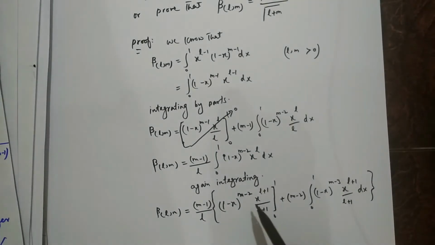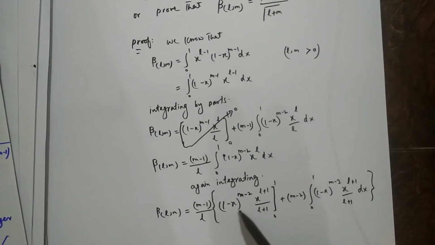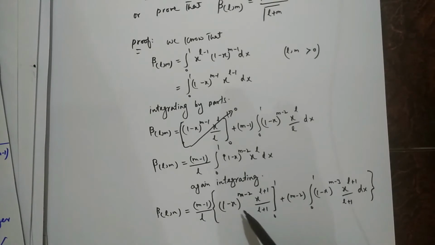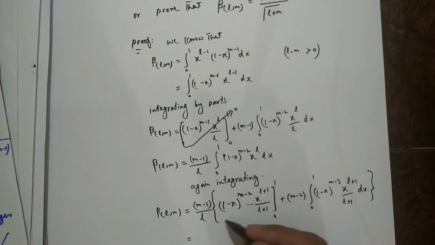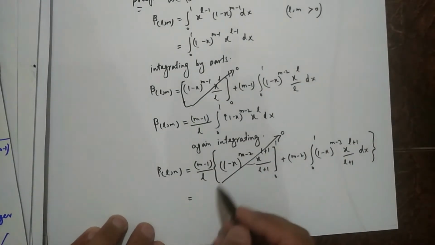So again applying the limits to this term, this whole term goes to 0, because if x equals 1, then 1 minus 1 will be 0, so the whole term is 0, and for the lower limit, when x is 0, the whole term again goes to 0. So by applying the limits, this whole term goes to 0.